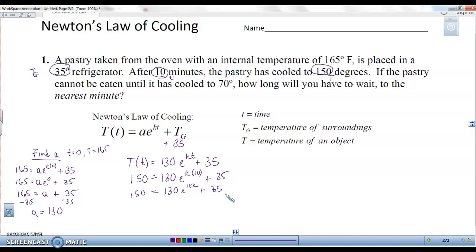I need to solve this for k. This works out to be a natural log problem because I need to find an exponent on an e. So let's just solve it like we normally do. Subtract the 35, and that gives me 115 = 130e^(10k). I want to divide by 130.